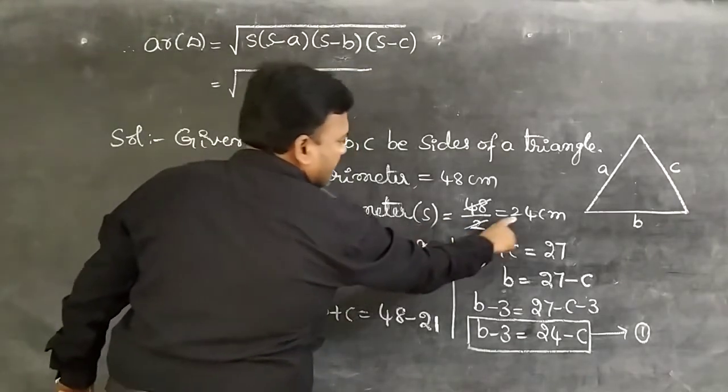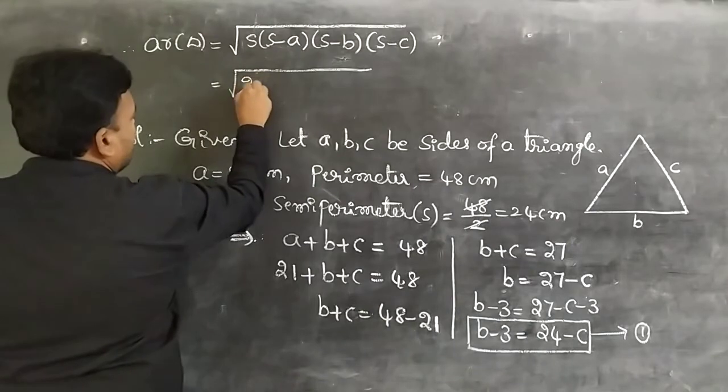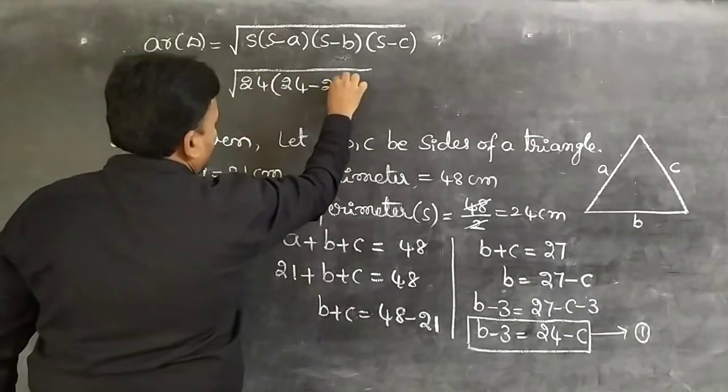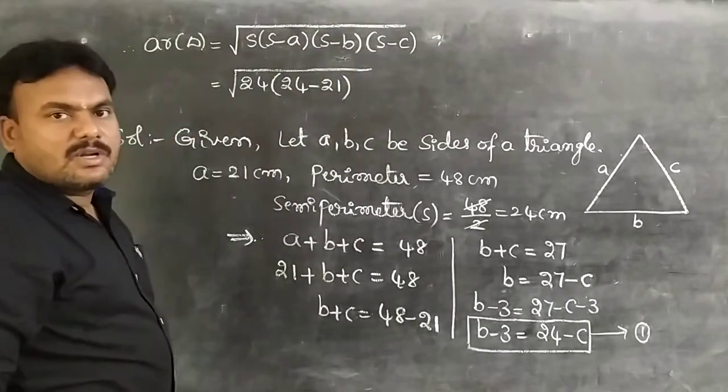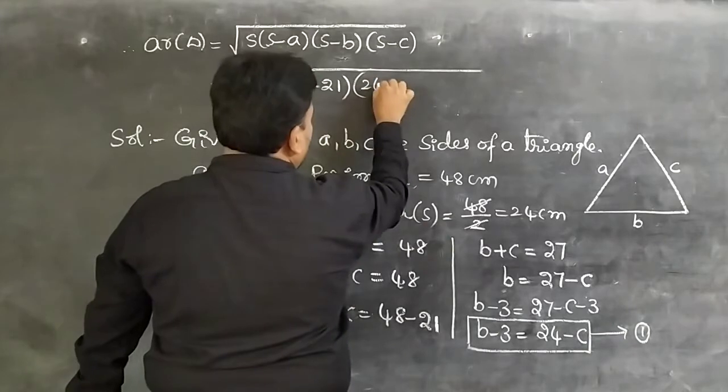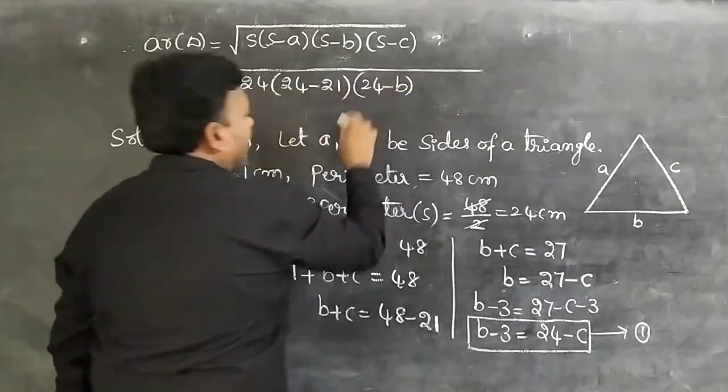So S equal to how much, students, here? 24. So 24 minus A value, 21. A value is 21. So 24 minus 21 into next 24 minus B. We don't know B value, students.